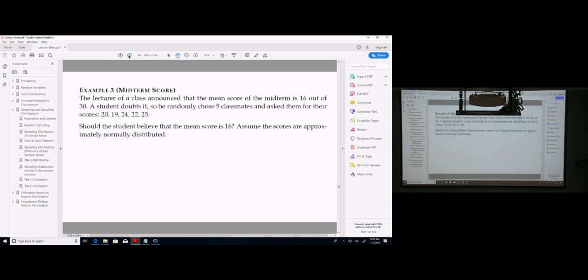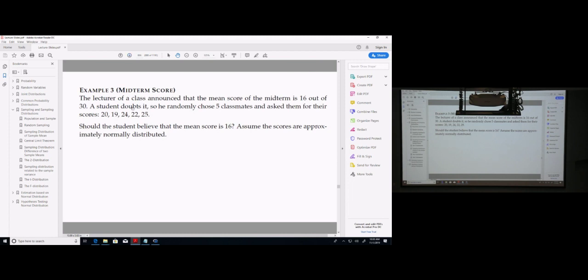Okay, so a midterm test. The lecturer of a class announced that the mean score of the midterm is 16 out of 30. A student doubts it, so he randomly chose 5 classmates and asked them for their scores. This is something that you can do too. Should the student believe the mean score is 16?